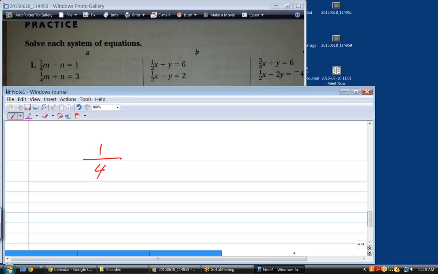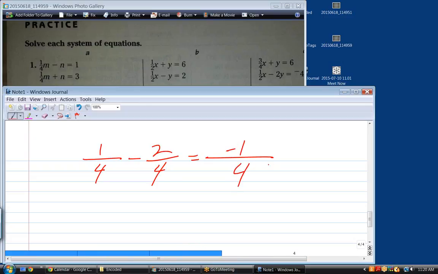If I'm adding 1/4 and 2/4, you have a common denominator. The answer is going to have a 4 down there, and I'm going to add the numerators. So when I'm adding 1/4 to 1/4, I would get 2/4, which you would then simplify. If I am subtracting, same thing. 1/4 minus 2/4, I get a -1 in the numerator.